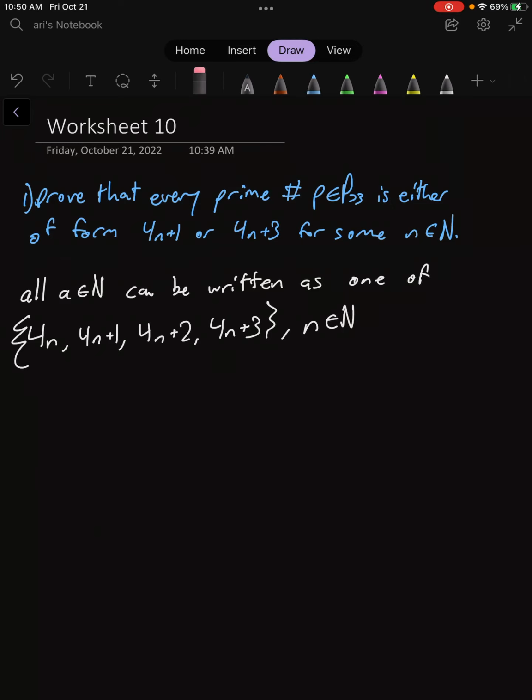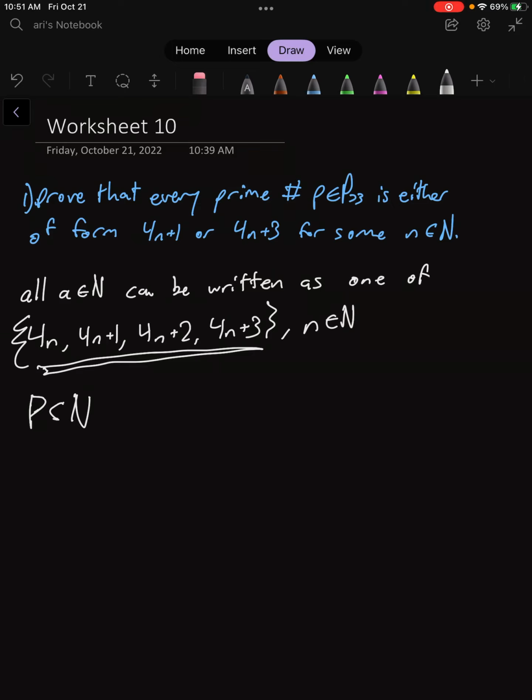So now let's take a look at this problem, and this problem is actually not so difficult. So we know that the prime set is contained in the set of natural numbers. It's a subset of the natural numbers, so every prime is a natural number. So therefore, if every natural number could be written in one of these forms, then every prime also can be written in one of these forms.